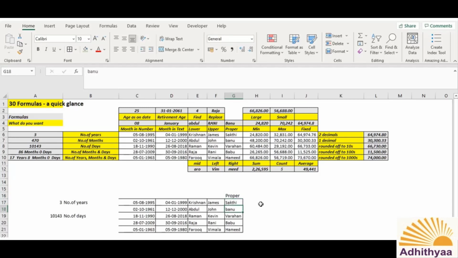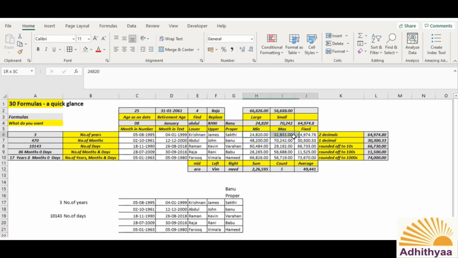If I take this Banu, Banu will become capital B and ANU. We are going to use equals PROPER open bracket Banu and then close bracket. Now it gives you this, the small letters have now become sentence case letters, right?